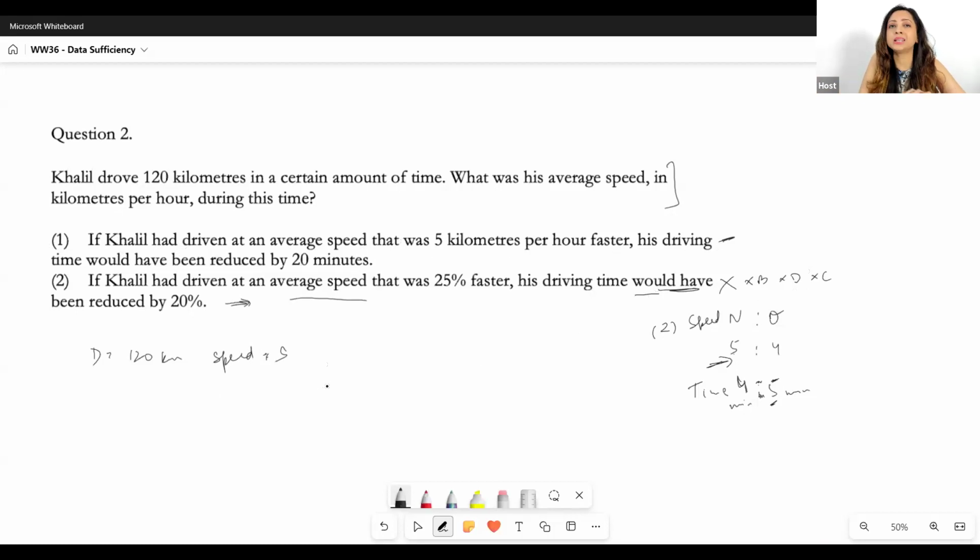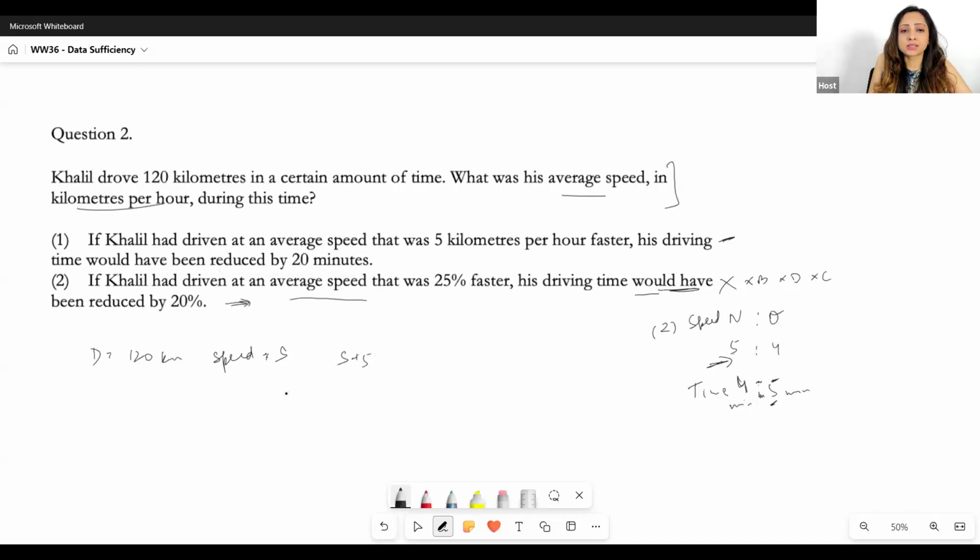But once in a while, in some GMAT questions, you would require a variable. Rarely, okay. Now, if the speed becomes S plus 5, then his driving time would have been reduced by 20 minutes. That is 1/3 of an hour, right? Because we're talking about his average speed in kilometers per hour, so we should convert everything to hours.